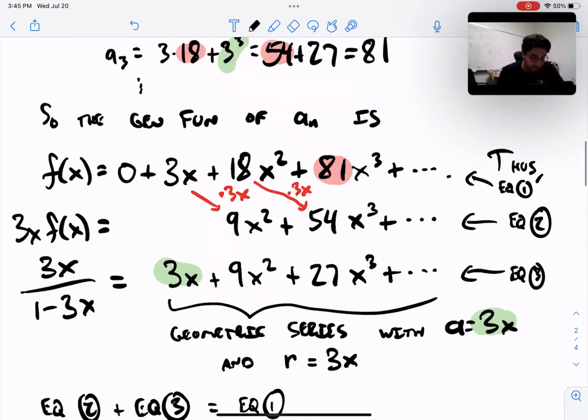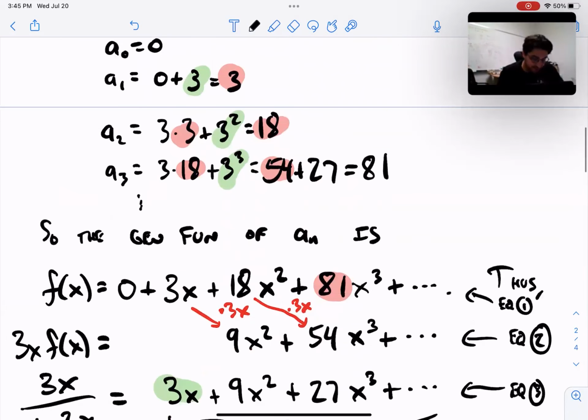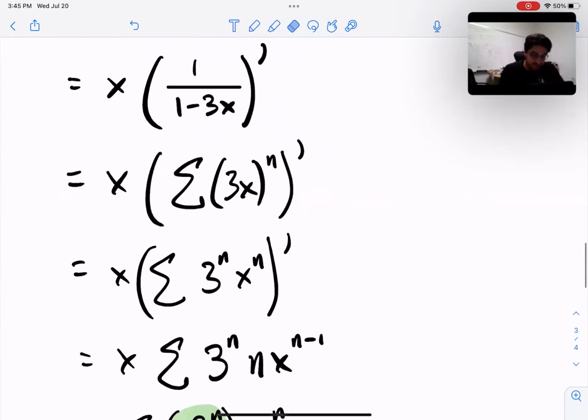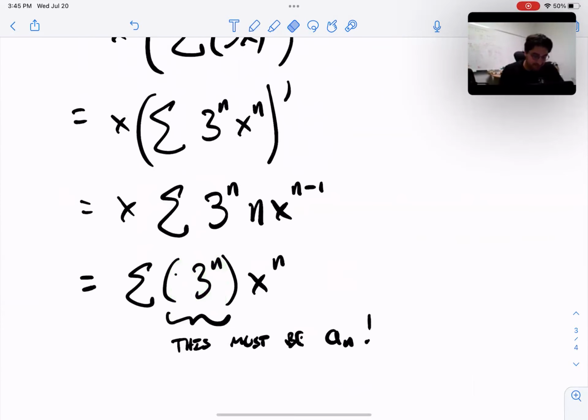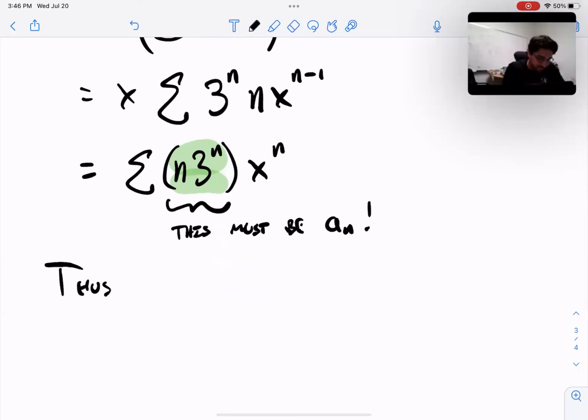But what was f? f was defined to be the generating function for a sub n. What does f have as its coefficients? f has the sequence a sub n. And we just found a formula for the coefficients of f, namely n times 3 to the n, right? So we now have an explicit formula for a. a sub n is actually n times 3 to the n, right?